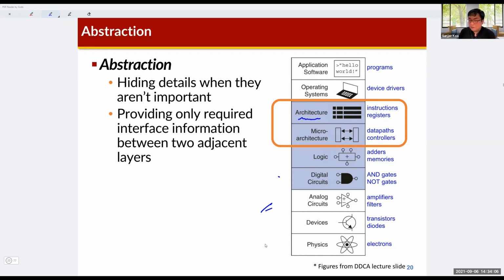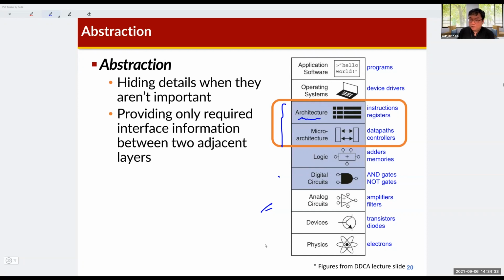Like instructions and registers. We will learn about the registers of the computer processors. Also, we will learn about the microarchitecture. Microarchitecture is some detailed architecture inside of a computer processor. So for this course, we will learn about these two layers, architecture and microarchitecture.